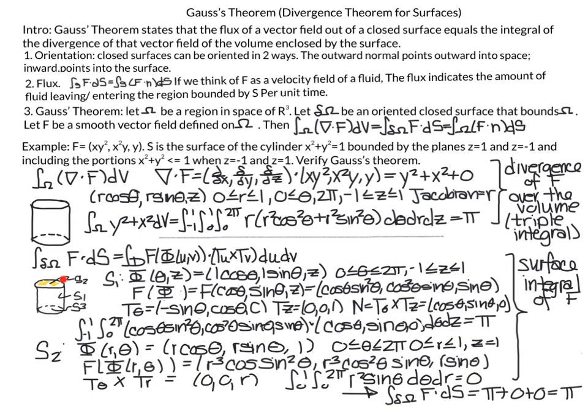Looking now at S2, this top surface shaded in yellow, my parameterization of this disk now is phi of r, theta equals r cosine theta, r sine theta, 1. So z is at the height of 1, and r cosine theta, r sine theta gives us this entire circle of radius r, as well as the interior by letting r go now between 0 and 1.